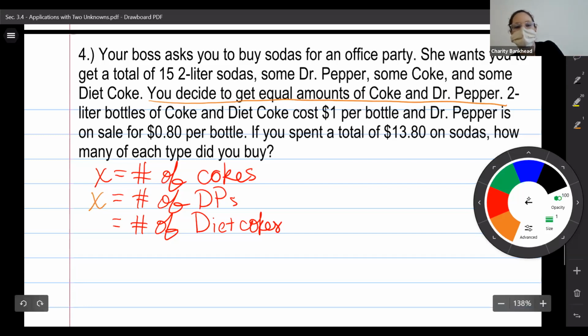Well, I got a total of 15 sodas. So if I got 2 Cokes and 2 Dr. Peppers, how many Diet Cokes did I get? 11. And we figured that out by saying 15 minus 2x, basically.